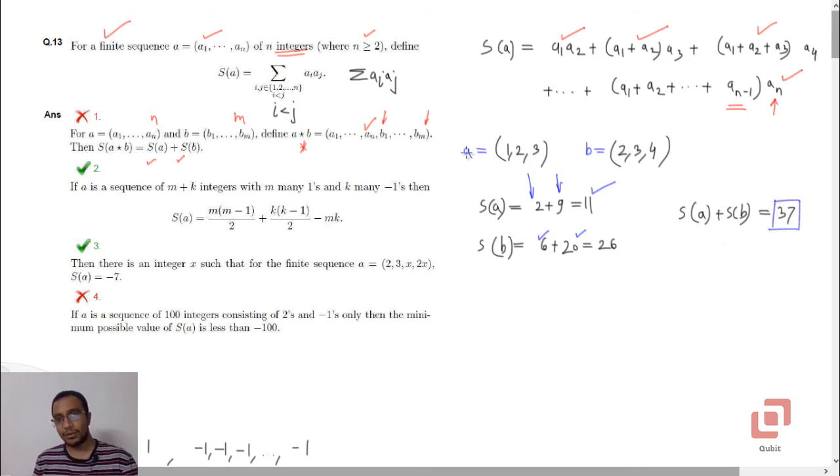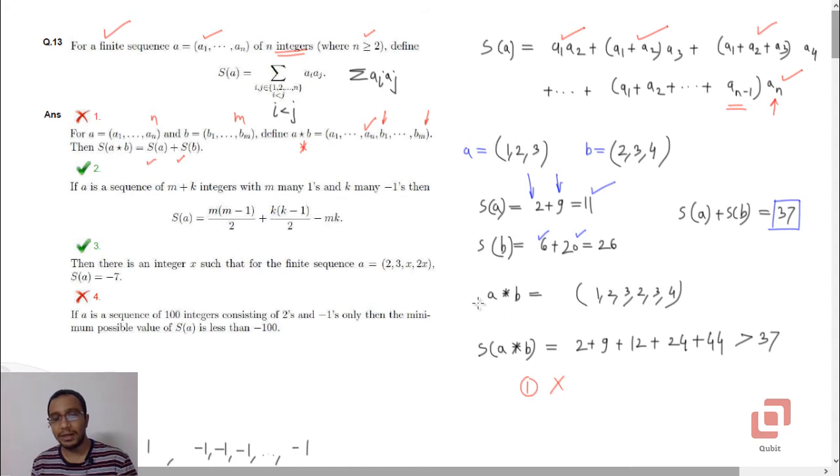Now let us augment the two sequences and get the sequence A star B, which is 1, 2, 3, 2, 3, 4. If you split it here, then you will get A and B. Now what is S of A star B? 2 into 1, plus 3 into 3, plus this 2 into 6, so 12.